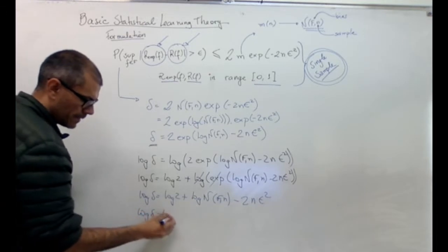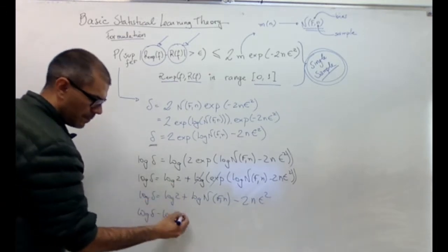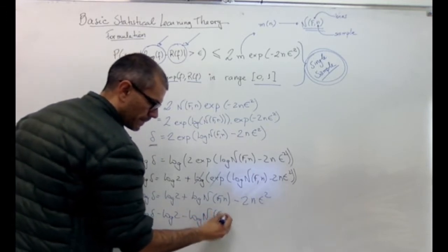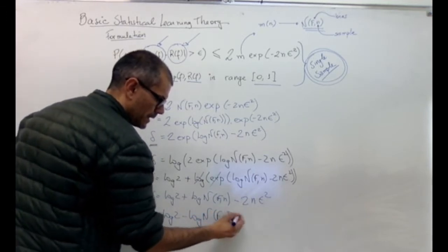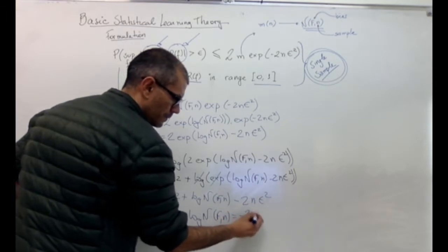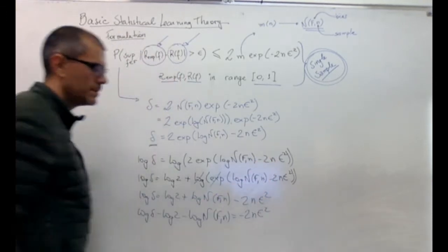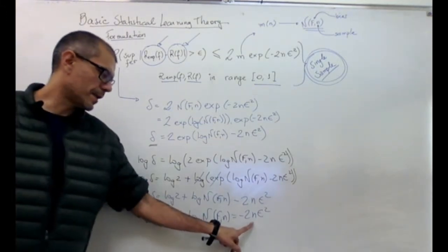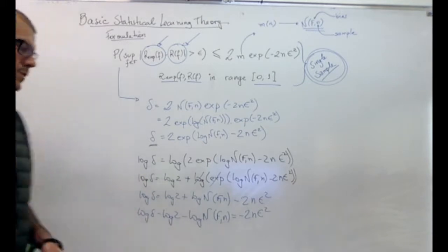So we will have minus log 2 minus log of the shattering coefficient equal to minus 2n epsilon squared. And of course now we can divide by minus 2n.